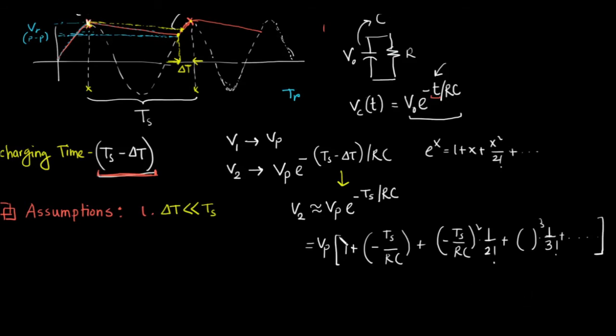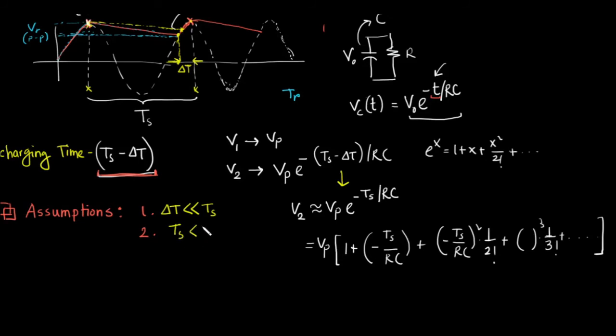Now we are going to make our second assumption. As I said earlier, to make our rectifiers work, we will choose a very high value of the capacitor C. If we choose a very high value of capacitance, then this value RC will be very much bigger than Ts, or oppositely we can say that Ts will be very much smaller than RC.